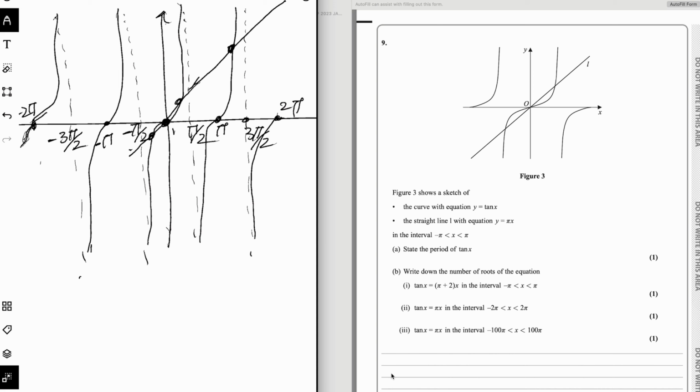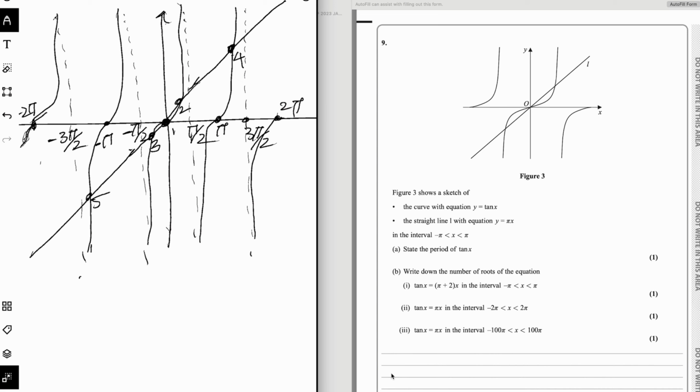This is 1, 2, 3. This is 4. Then if you extend here, it is 5. So until minus 2 pi, it will intersect at 5 places, right? Now if you further extend, what will happen?